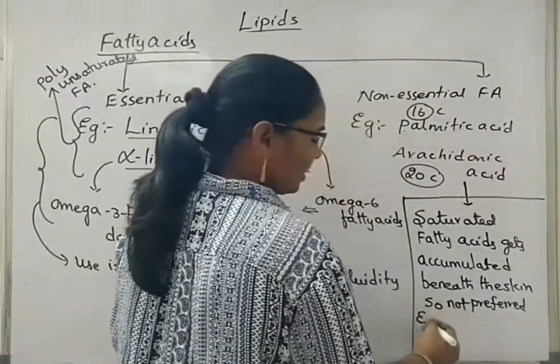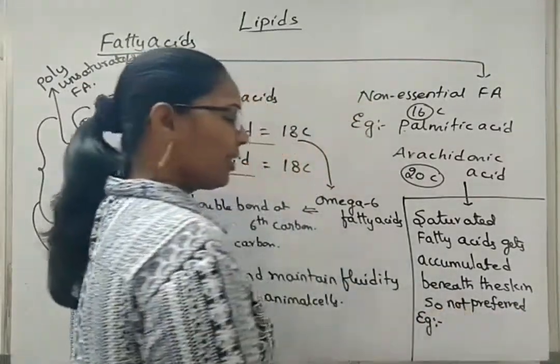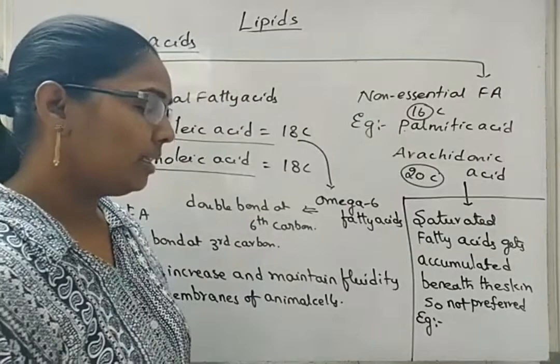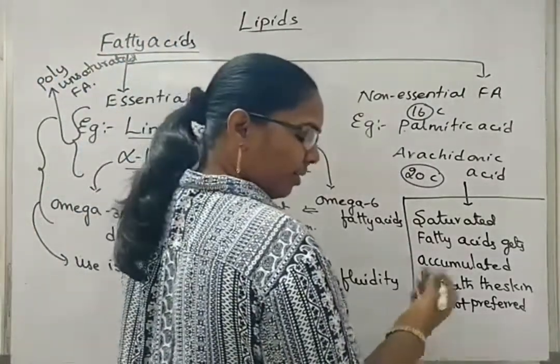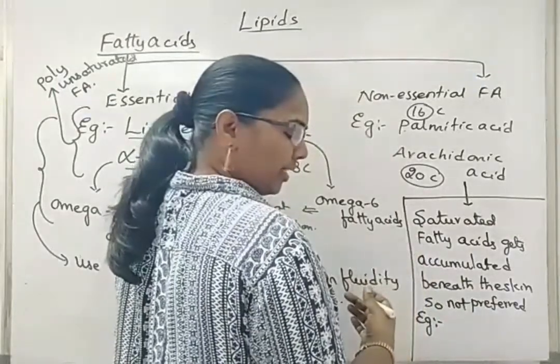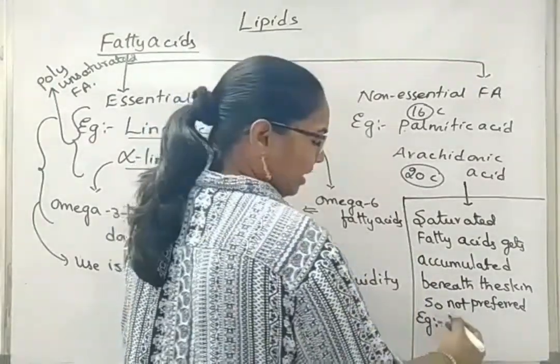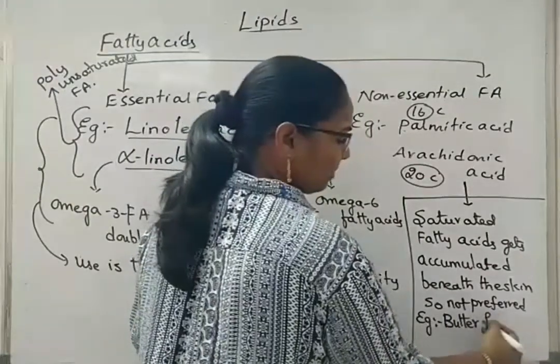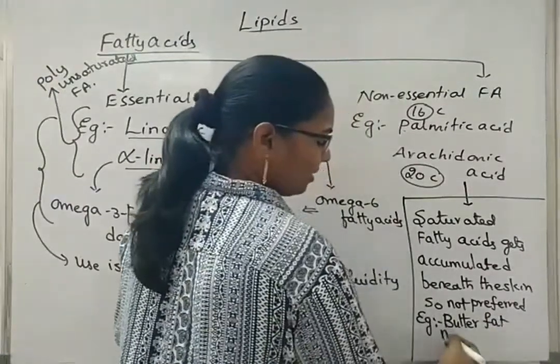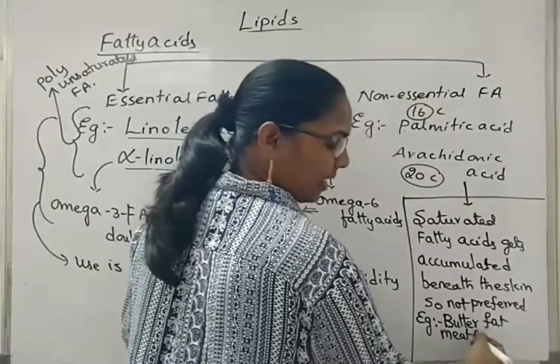What examples can we take under saturated fatty acids that still exist in human beings who intake these saturated fatty acids in the form of diet? Examples can be butter fat and meat fat, etc.